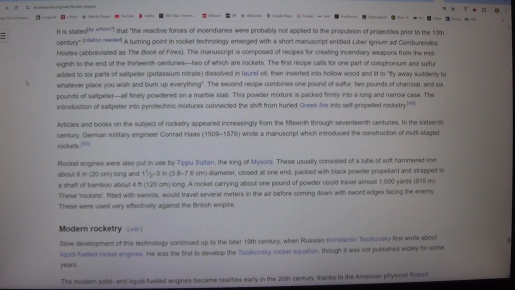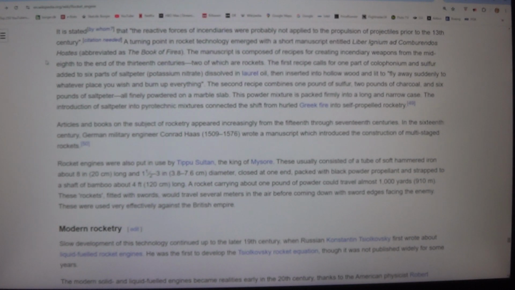A turning point in rocket technology emerged with a short manuscript entitled Liber Ignium ad Comburendos Hostes, abbreviated as the Book of Fires. The manuscript is composed of recipes for creating incendiary weapons from the mid-8th to the end of the 13th centuries, 2 of which are rockets.